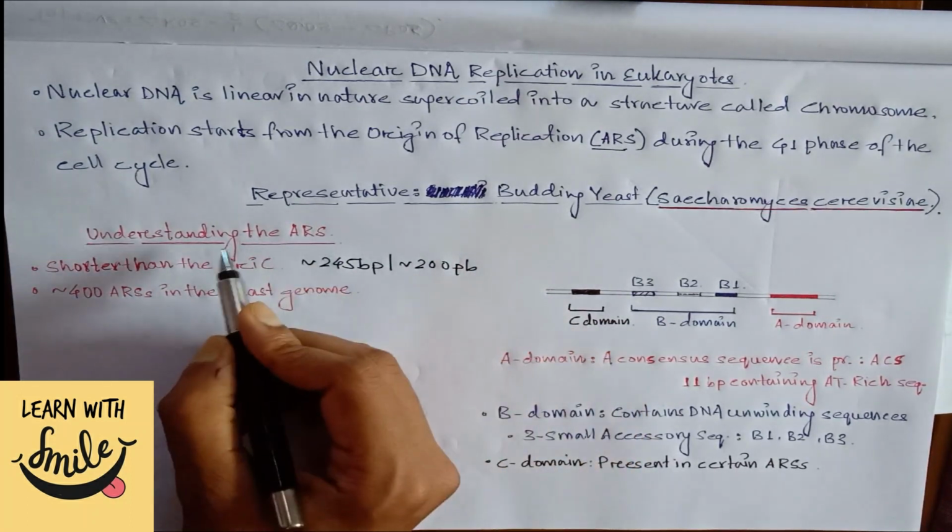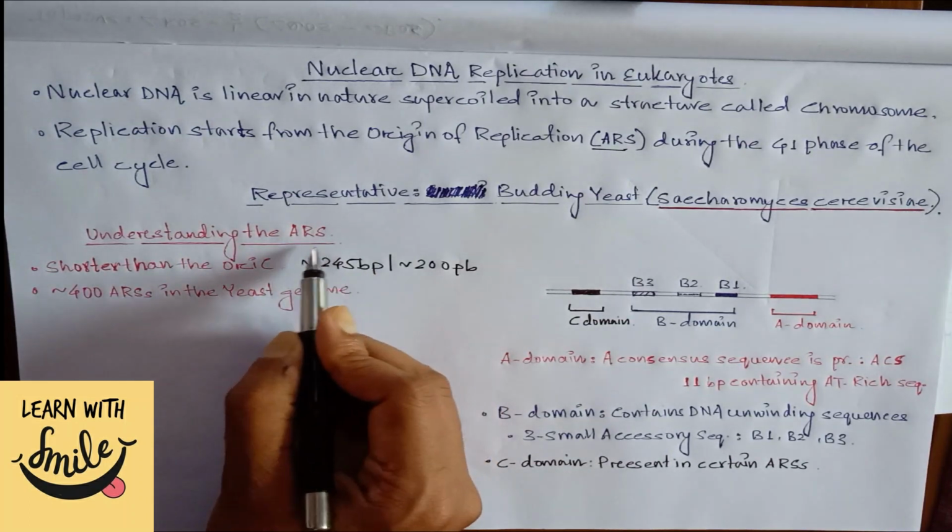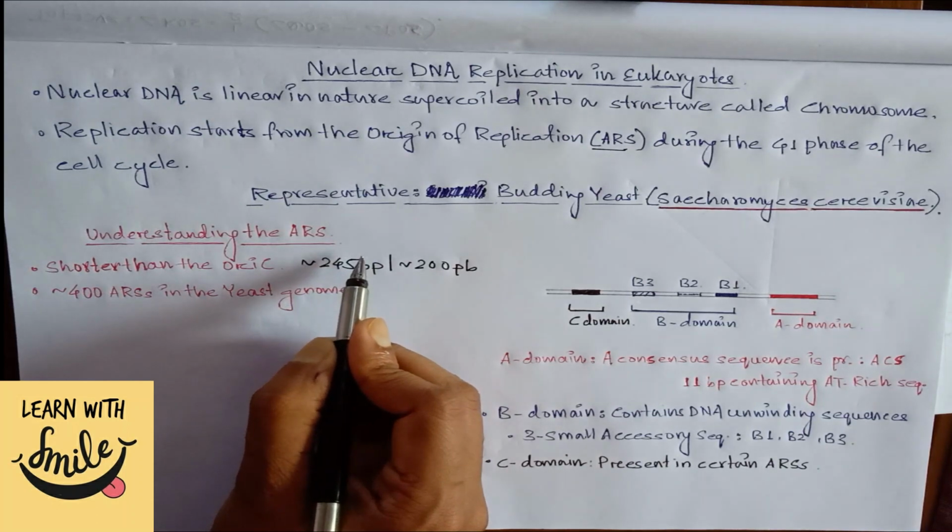So in a way, the eukaryotic origin of replication is shorter than the prokaryotic origin of replication.